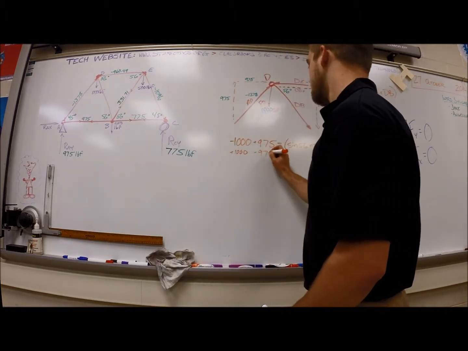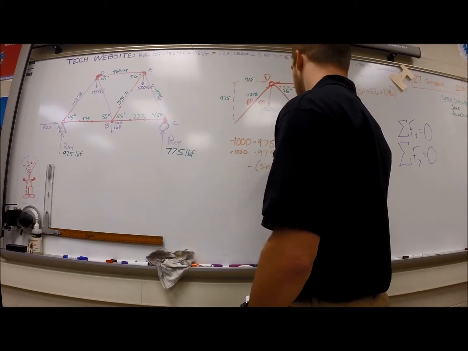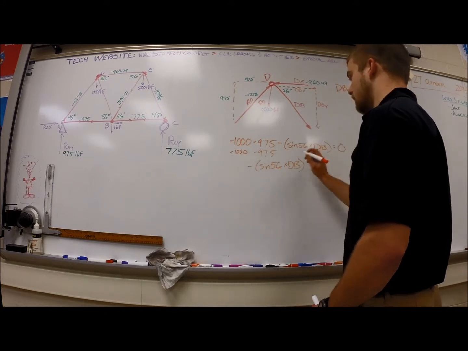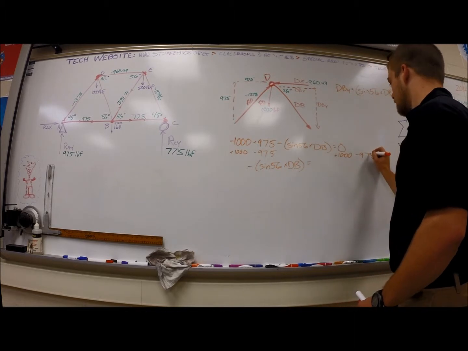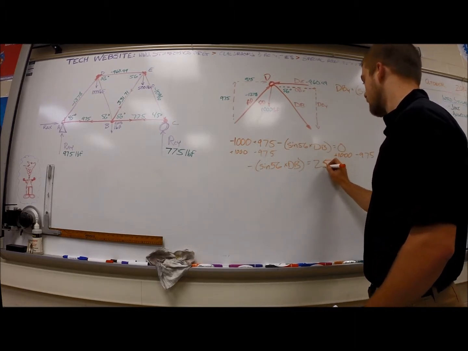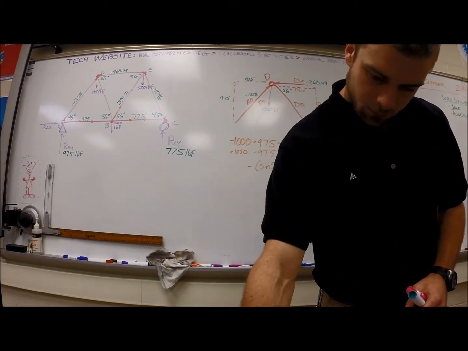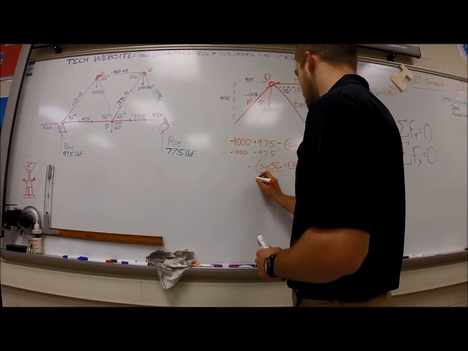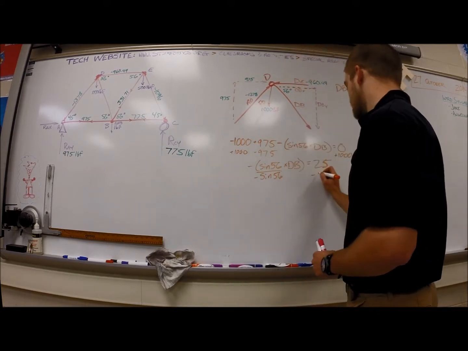Plus 1,000 minus 975, and I have negative sine of 56 times dB equal to 25. Okay, dividing both sides by negative sine of 56.